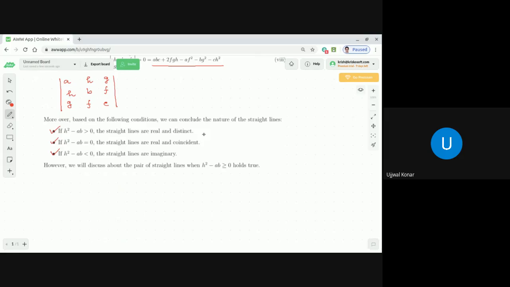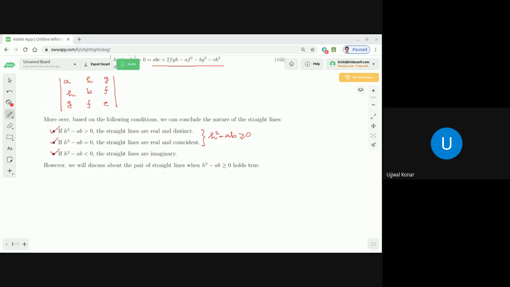That means if we combine the first two cases, h square minus ab is greater than or equal to 0. So this part we are going to discuss, where h square minus ab is greater than or equal to 0.